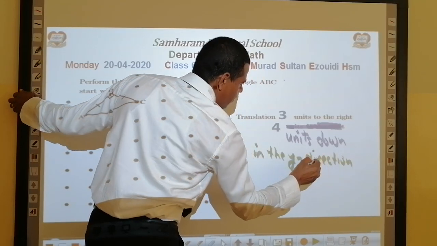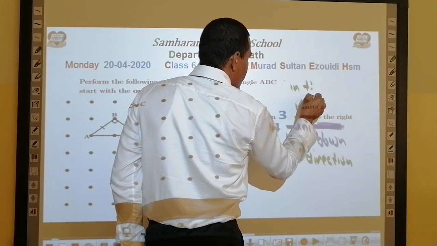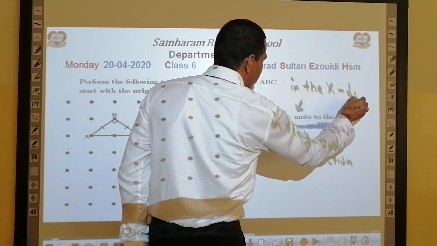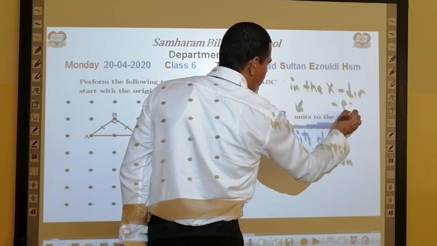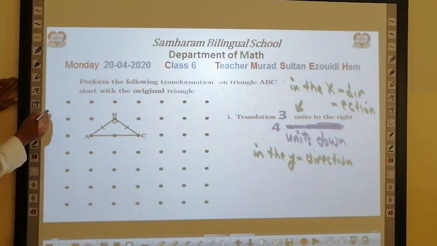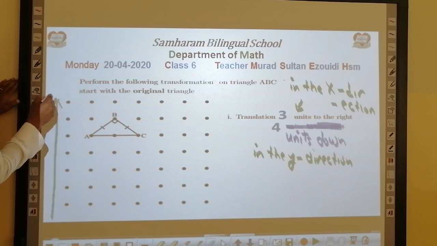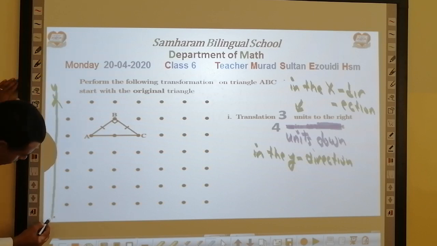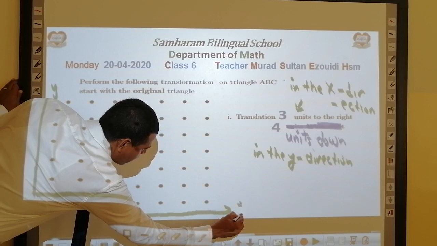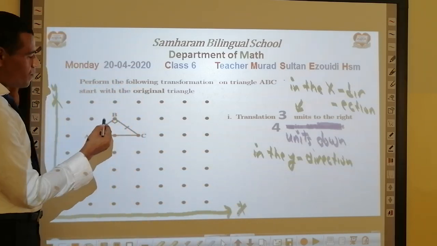The first is in the x direction, and the other is in the y direction. First of all, I will write it like that. This is the y-axis, and this one is the x-axis.